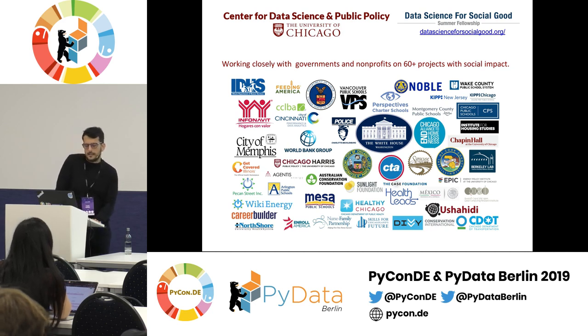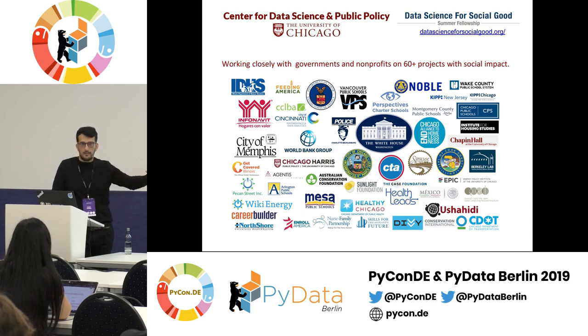And the Center for Data Science and Public Policy and Data Science for Social Good aim to tackle real-world problems with data and machine learning at the intersection of public policy and social good projects, from criminal justice, workforce development, education, healthcare. These are some of the partners that provided us data.